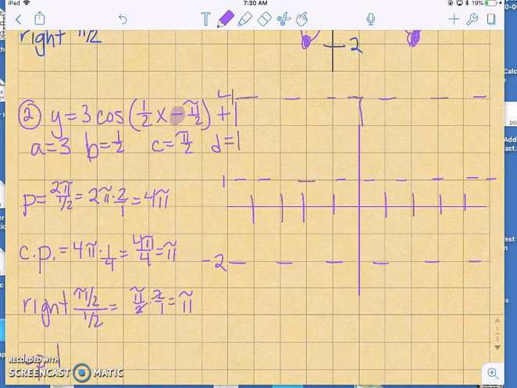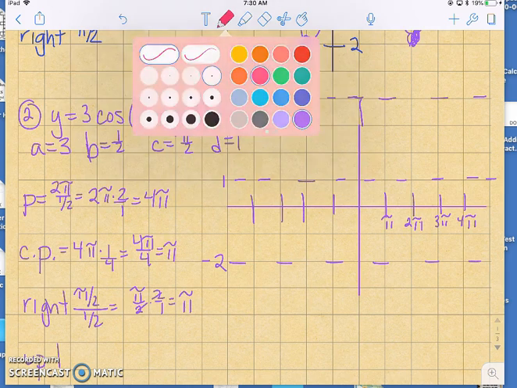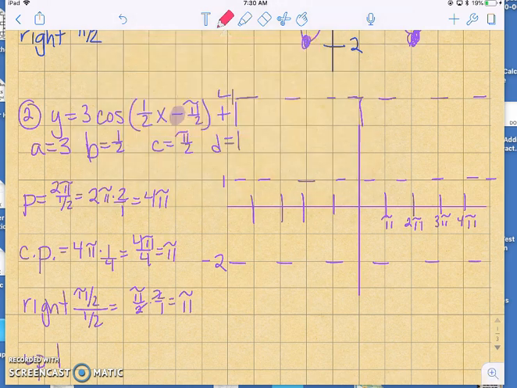So let's see, what are our critical points? We're counting by, so 1 pi, 2 pi, 3 pi, 4 pi. It's cosine. So cosine normally starts high at 1, because again, I always think that unit circle, 1, 0. 1 is our cosine, so it normally starts at 1, but our amplitude's 3, so it's going to start up here.